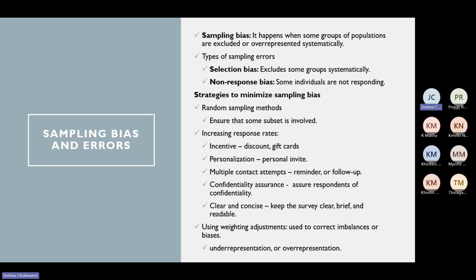People will no longer respond, because they have seen it and done it already. What do you do? You move to the other side, where there is less response, to increase your response rate. Guys, are we following? So these are different strategies you can use to minimize these forms of bias, whether selection bias or non-response bias or error.